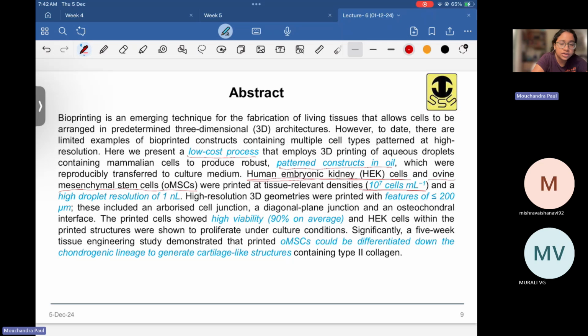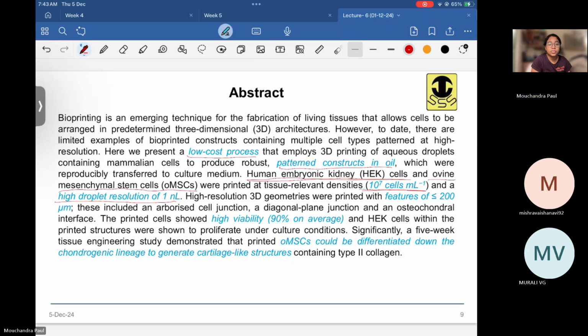This is an important point, that they used a very high cell number, that is 10 to the power 7 cells per ml. And the droplet resolution is also quite high. They patterned using droplets of size 1 nanoliter, and using 1 nanoliter droplets, they made a 3D structure.